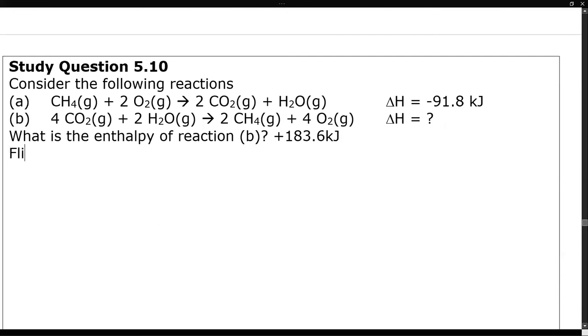We had to flip that first reaction, and we had to multiply it by 2 to get the answer. So this was just a starter problem so that we could see what the rules would be. So we flipped it, we multiplied it by 2 to get the answer.